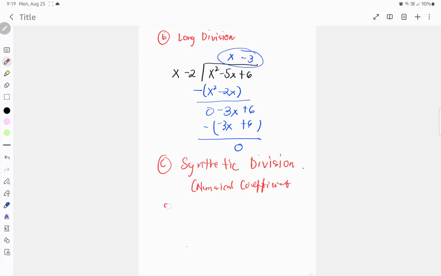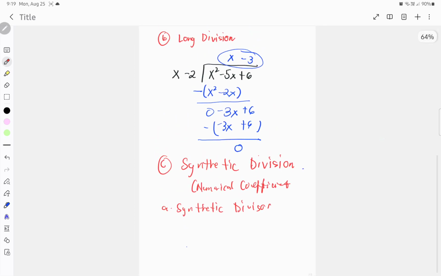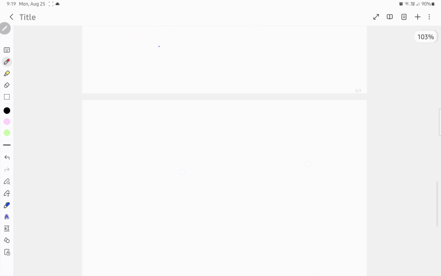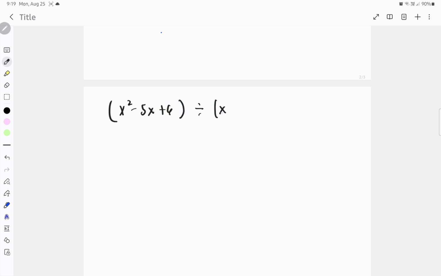Okay, first step is that you get now your synthetic divisor. Remember our given is x squared minus 5x plus 6 divided by x minus 2. This is your dividend, and this is now your divisor.